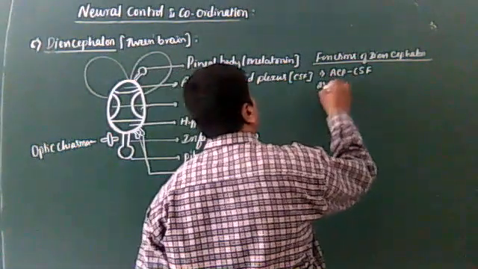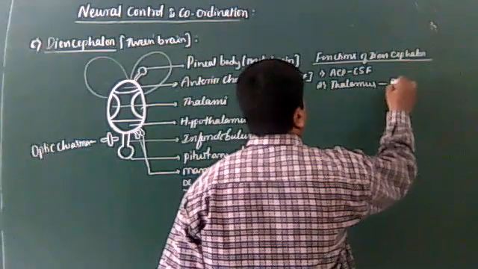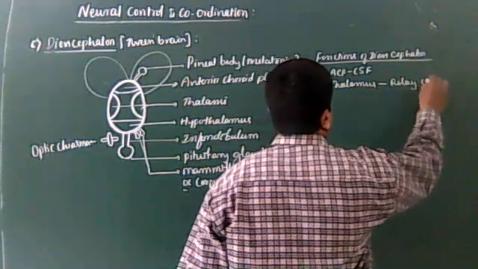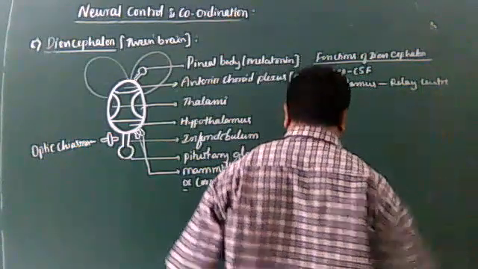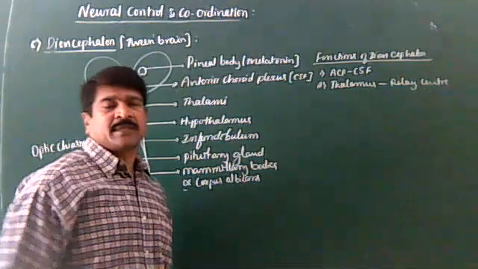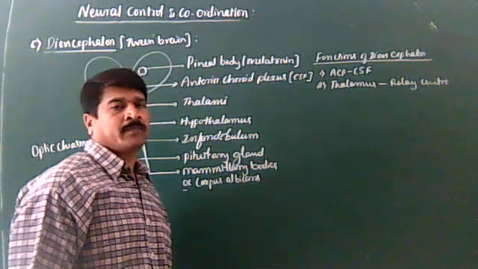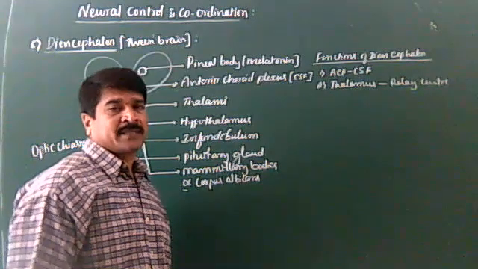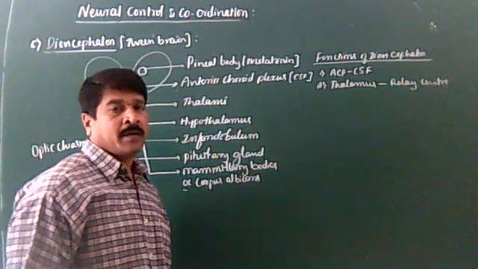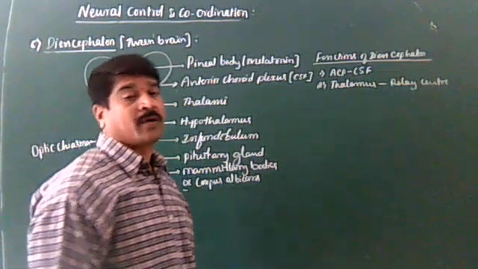Number two: the thalamus acts as a relay center. It receives the different impulses from the different parts of the body and sends them to respective areas in the cerebral cortex.